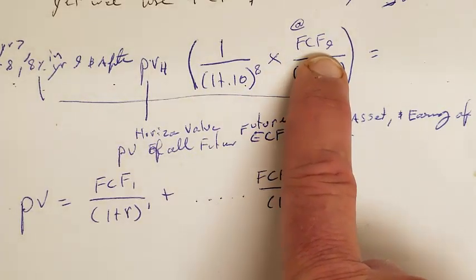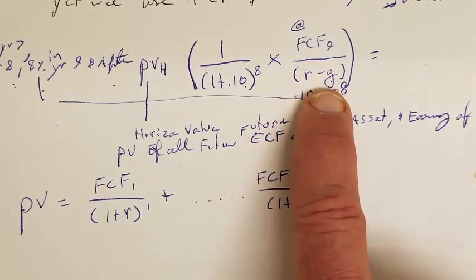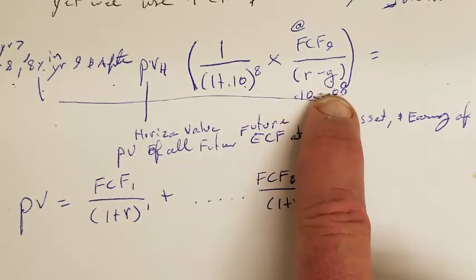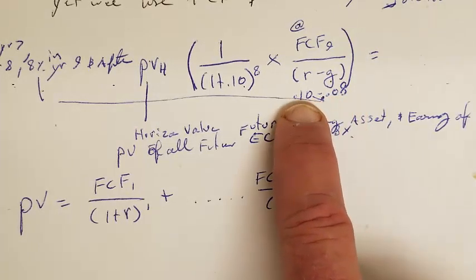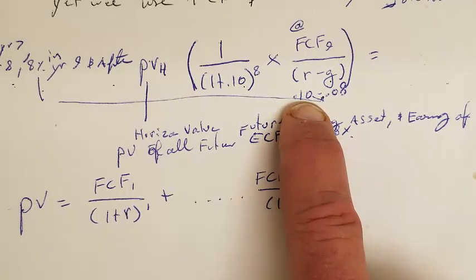This is no different than the two-stage dividend growth model. So with this one, you're going to have a constant growth perpetuity, because you've got the free cash flows growing at 8%, and our discount rate, or opportunity cost of capital, is 0.10.